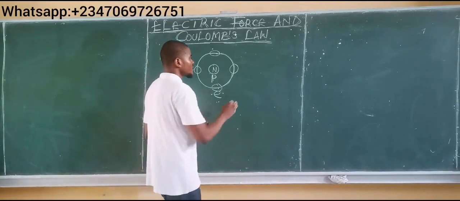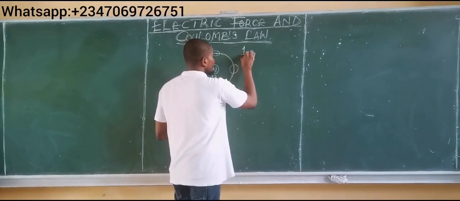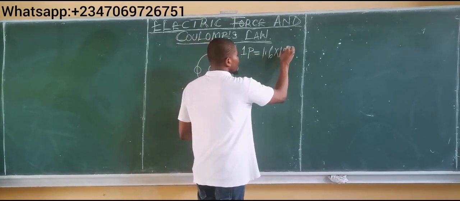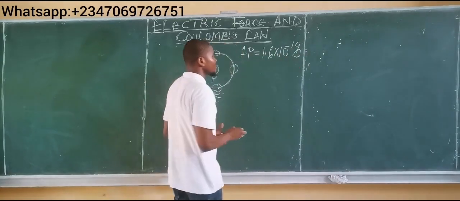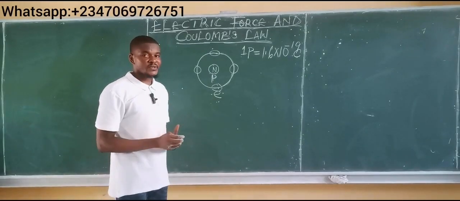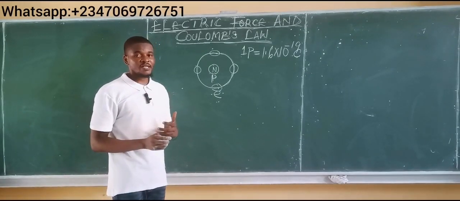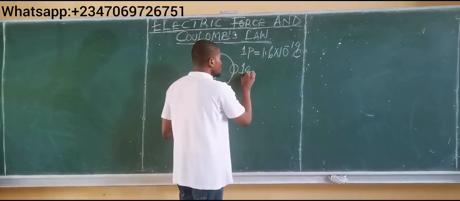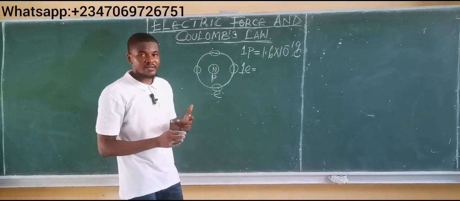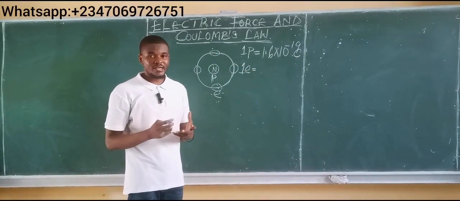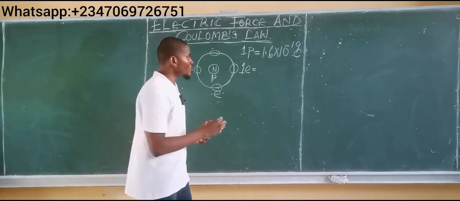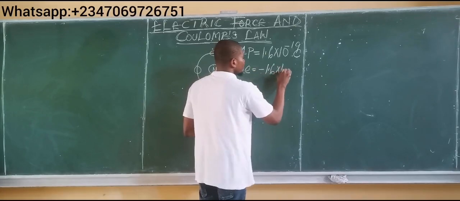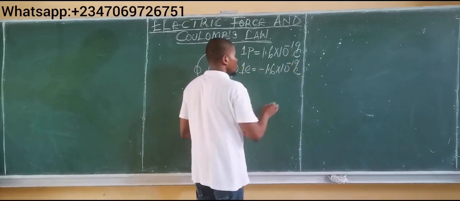Now, one proton charge is given simply as 1.6 by 10 to the power of negative 19 Coulomb, whereas one electron charge is the same in magnitude as the proton charge, but opposite in direction, or opposite in sign. So one electron charge is simply given as negative 1.6 by 10 to the power of negative 19 Coulomb.